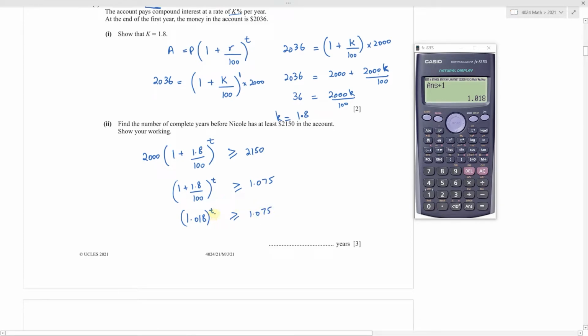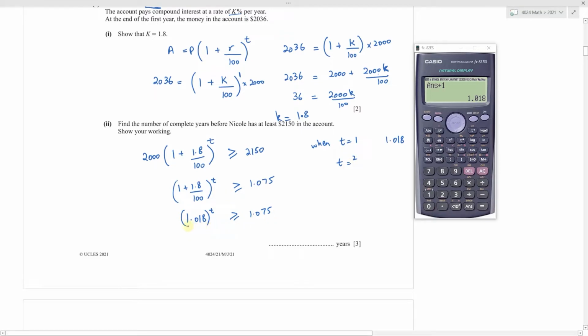So now you have to find the value of t, which is basically the power of 1.018 when this value becomes larger than 1.075. So when t equals 1, you have 1.018. So let's see when t equals 2.